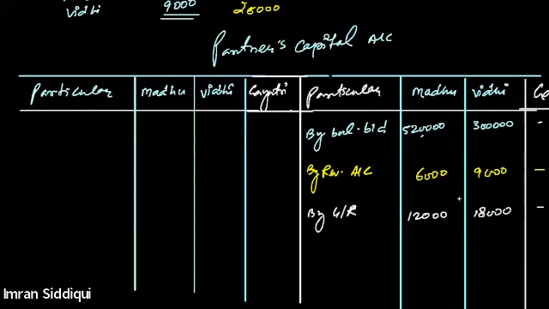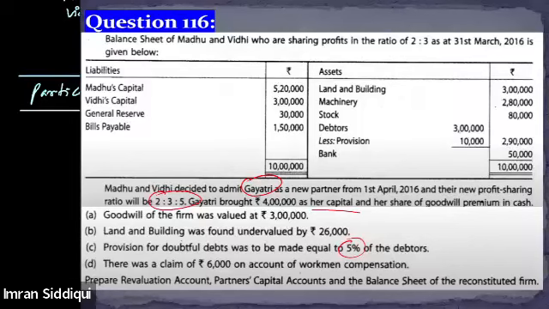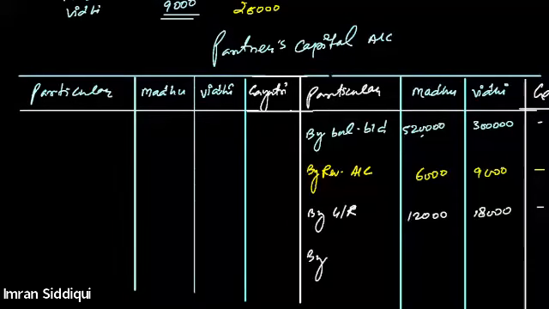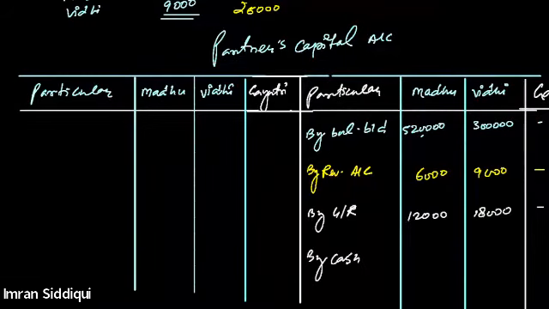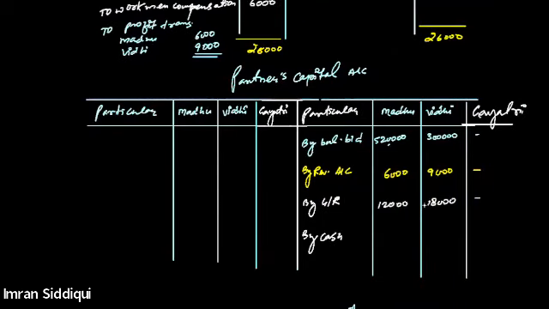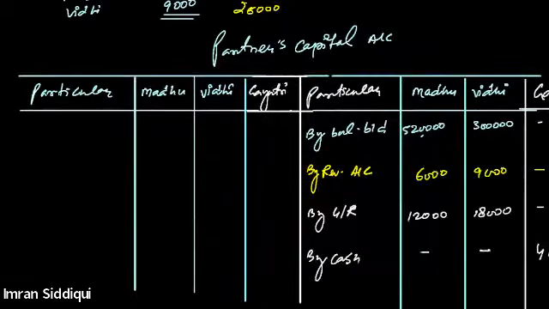So we will be crediting her account by cash. I'm assuming that she will be bringing in the capital by way of cash. So I'll write down by cash, and the amount of the capital was 4 lakh. So I'll write down 4 lakh under Gayatri's account. Is that clear, both of you? Yes.